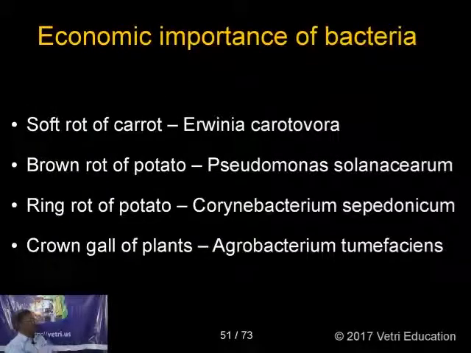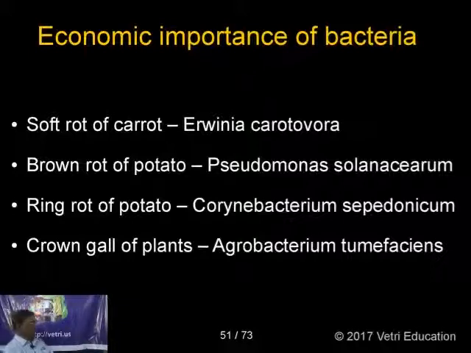Next, soft rot of carrot. Generally, you can notice in the markets that most of the carrots may be decayed. That is called soft rot, by Erwinia carotovora. And brown rot of potato, Pseudomonas solanacearum. Ring rot of potato, if you cut a potato, inside you can find a black ring, so that the weight of the potato will be reduced, caused by Corynebacterium sepedonicum.